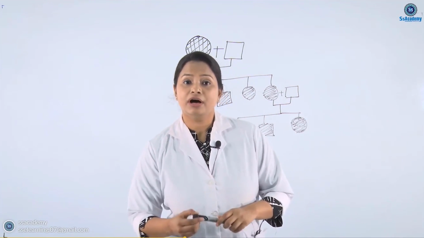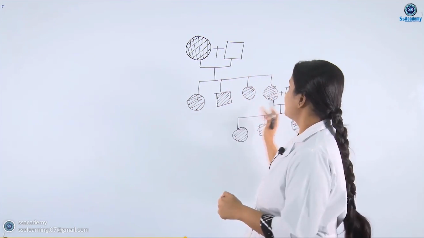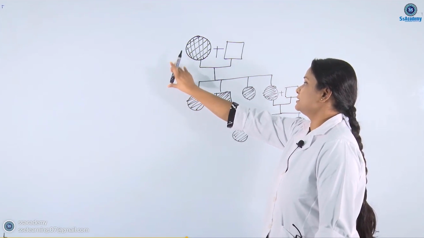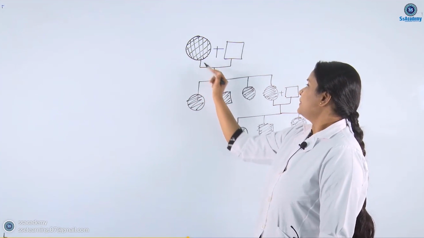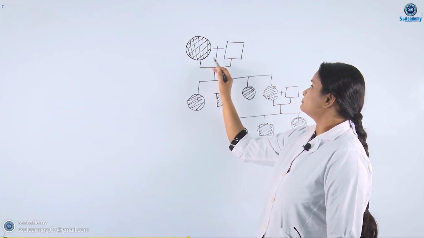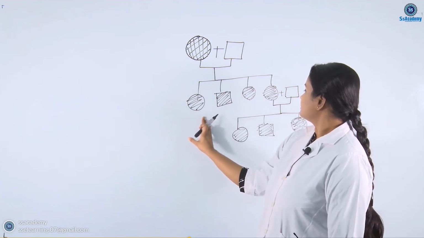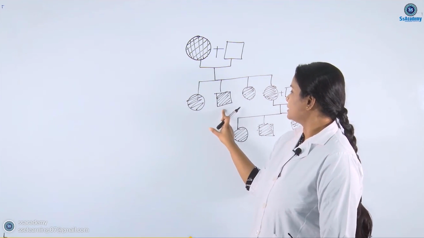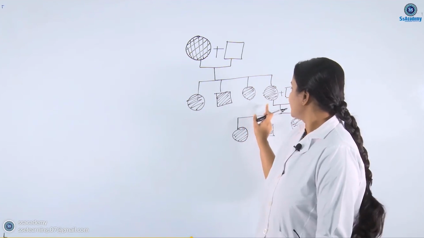So I will draw a pedigree for you, my dear. That is a pedigree of a mitochondrial condition. This is the affected mom, having this disease, who marries a normal person. After that, she has 3 daughters and 1 son, and everyone has the trait of mitochondrial disease.